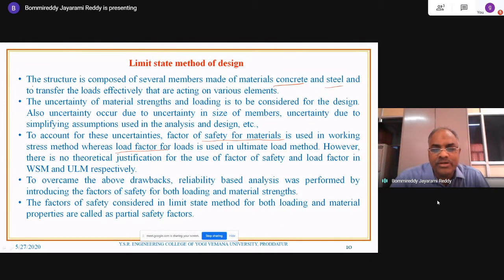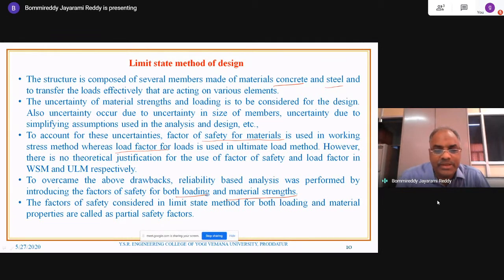Now to overcome all the drawbacks and difficulties in the working stress method of design, a new approach has been given, which is based on reliability concepts, with reliability analysis performed by introducing factors of safety for both loading and materials. For any structure, one is the materials used for construction, and another is the loads acting on the structure.